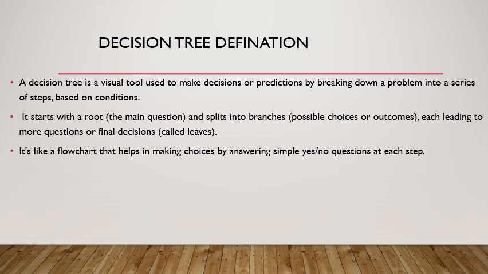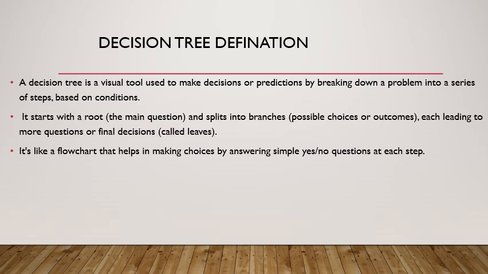Step 1, step 2, step 3, like that, based on the conditions. Okay, a decision tree is a visual tool used to make decisions or predictions by breaking down the problem into a series of steps. Means breaking down of a big problem into various steps like step 1, step 2, step 3, etc. based on conditions.